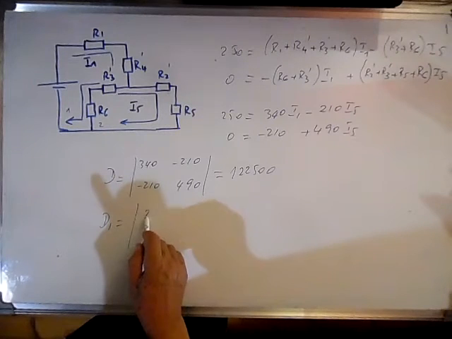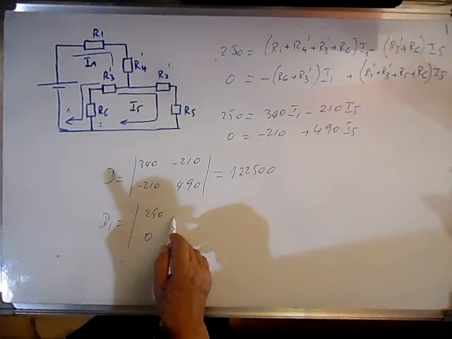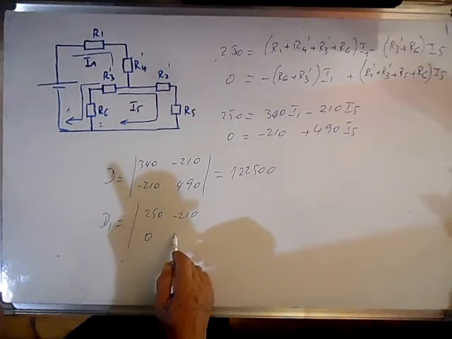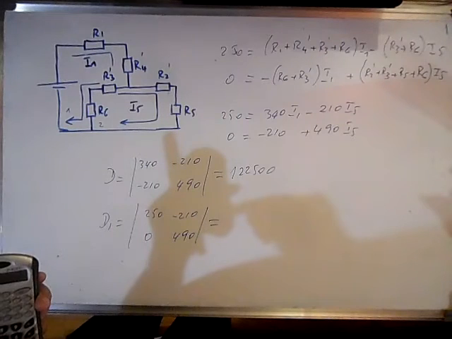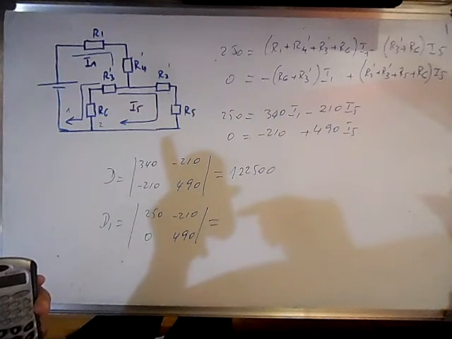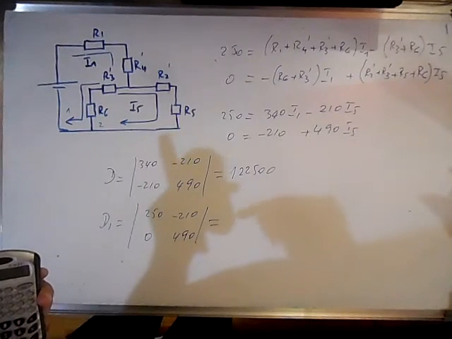Now D1 is equal to 250, 0, minus 210, 490, which will give us 250 times 490.